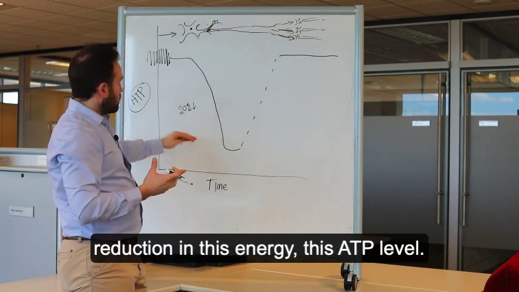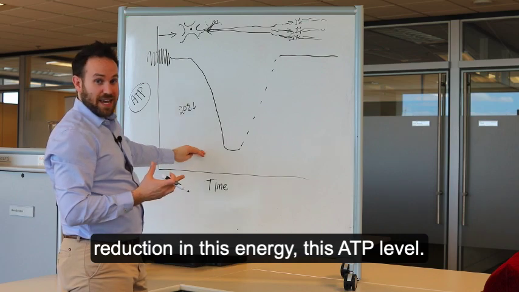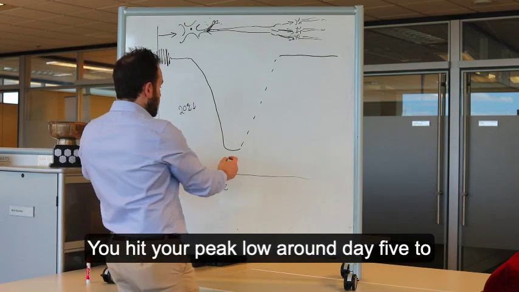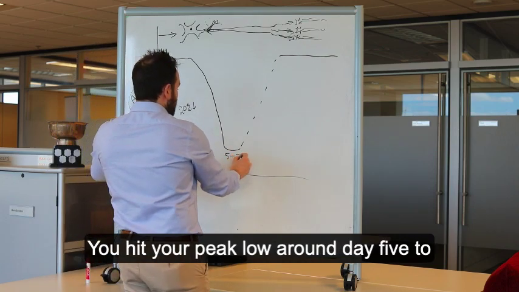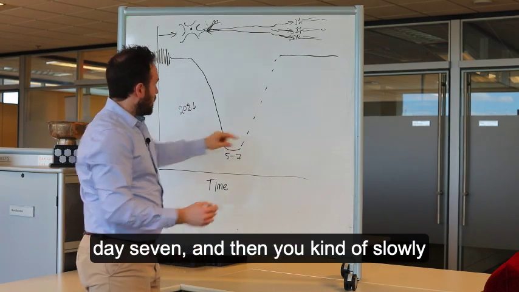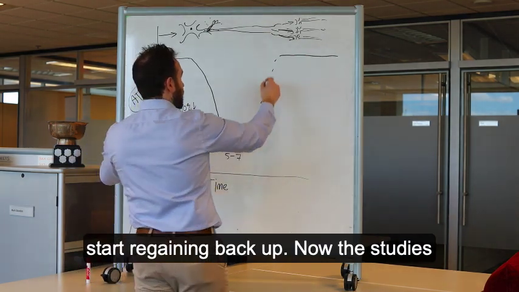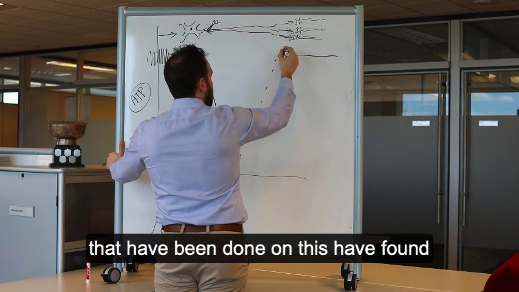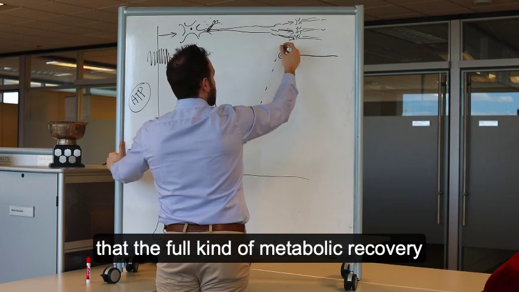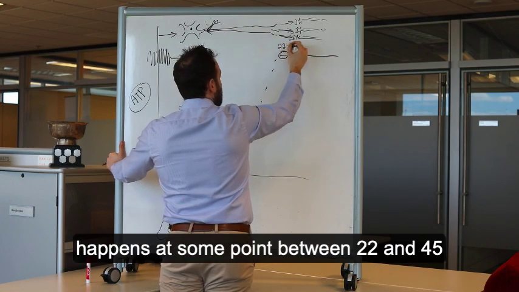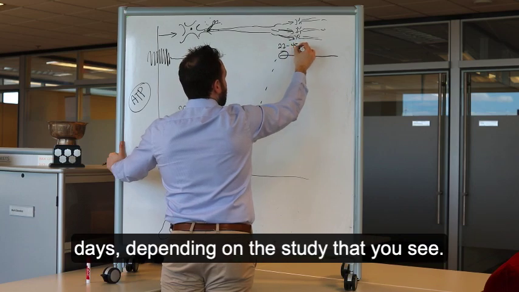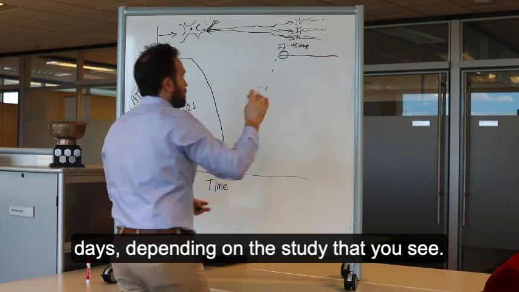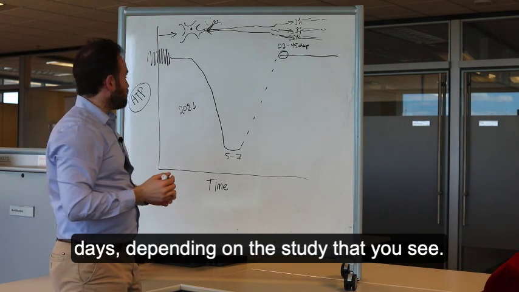But you get about a 20% reduction in this energy, this ATP level. You hit your peak low around day 5 to day 7, and then you kind of slowly start regaining back up. The studies that have been done on this have found that the full metabolic recovery happens at some point between 22 and 45 days, depending on the study that you see.